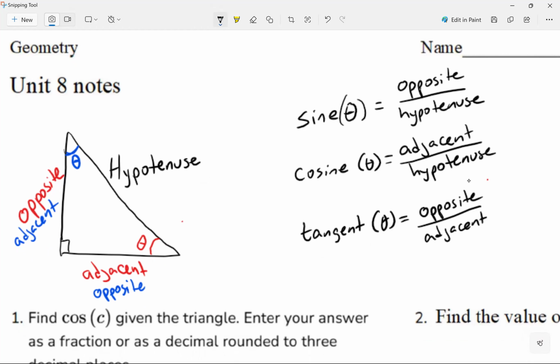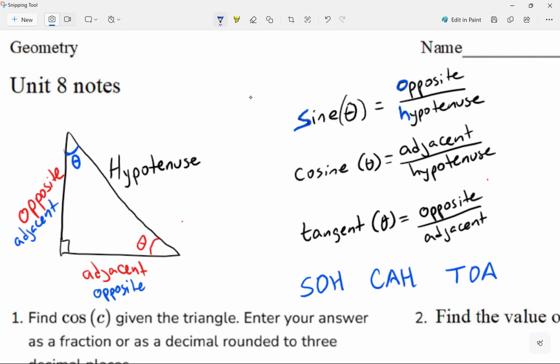As a matter of fact, there's an acronym we're going to use, which is SOH CAH TOA. If you look at the first part, SOH means sine. Notice I'm going to use the first letter of each. So sine is opposite over hypotenuse.